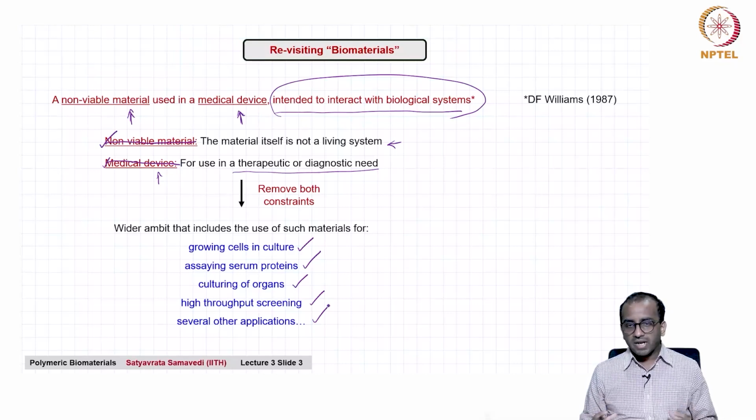That's a very important item to keep in mind, because you can have a very contextualized definition of biomaterial depending on how it's structured and how it is intended to perform in a specific application.